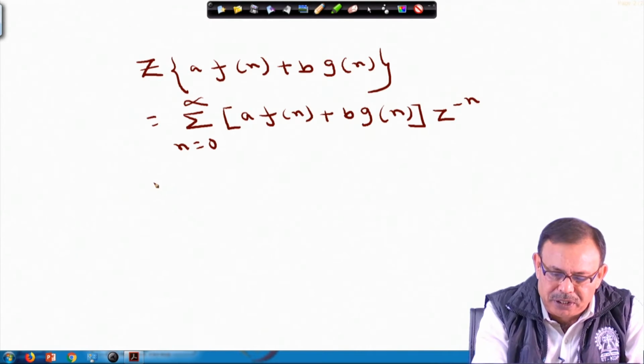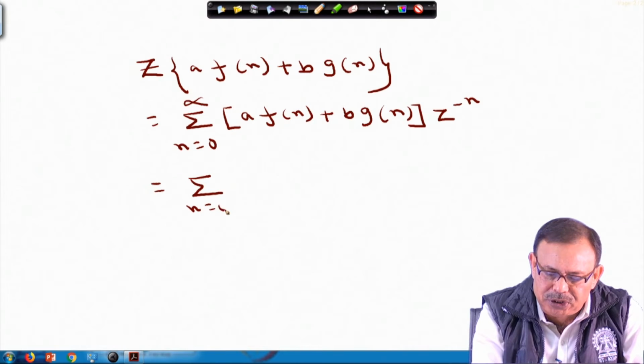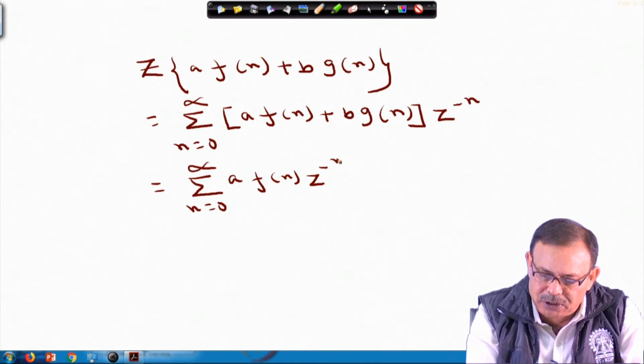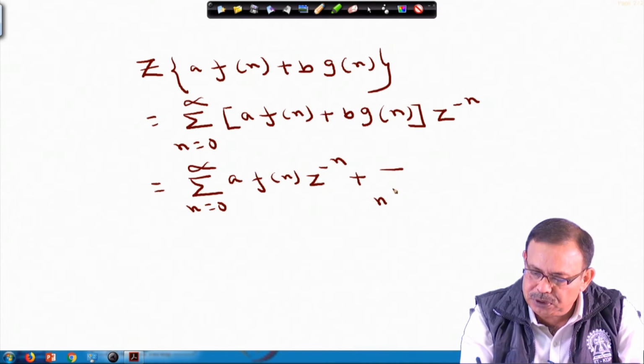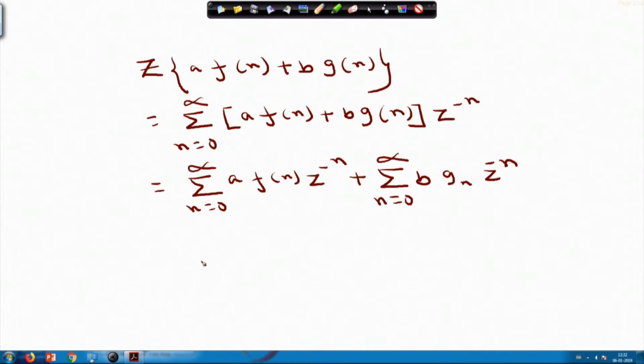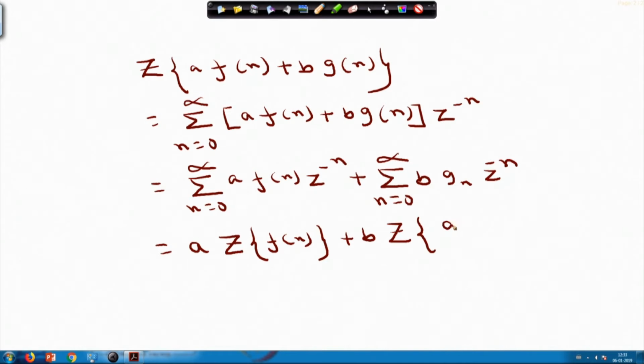I can break it into two parts: summation n equals 0 to infinity A f n into z to the power minus n, plus summation n equals 0 to infinity B g n into z to the power minus n. And this is nothing but A into summation n equals 0 to infinity f n z to the power minus n, which is the Z transform of f n, plus B, which can come outside. Therefore, this will be equal to B into Z transform of g n.